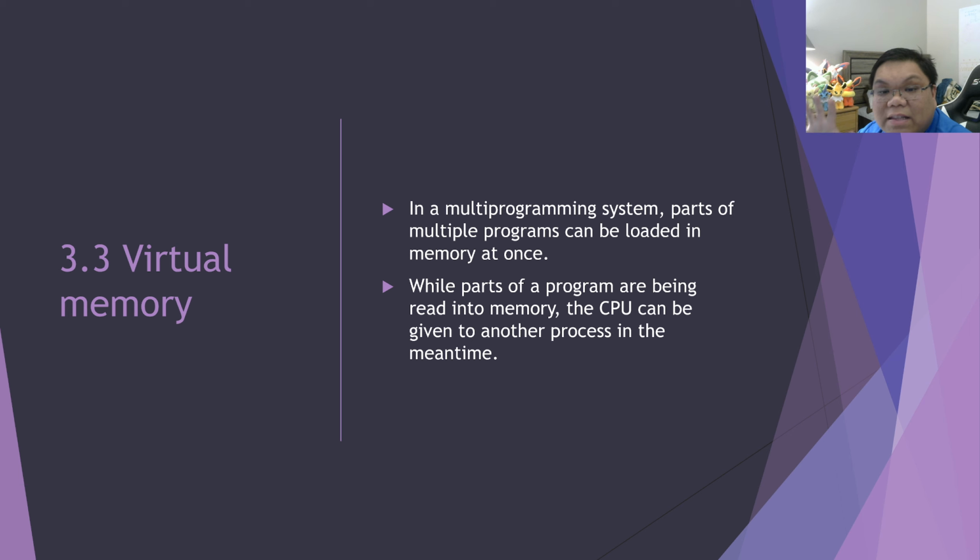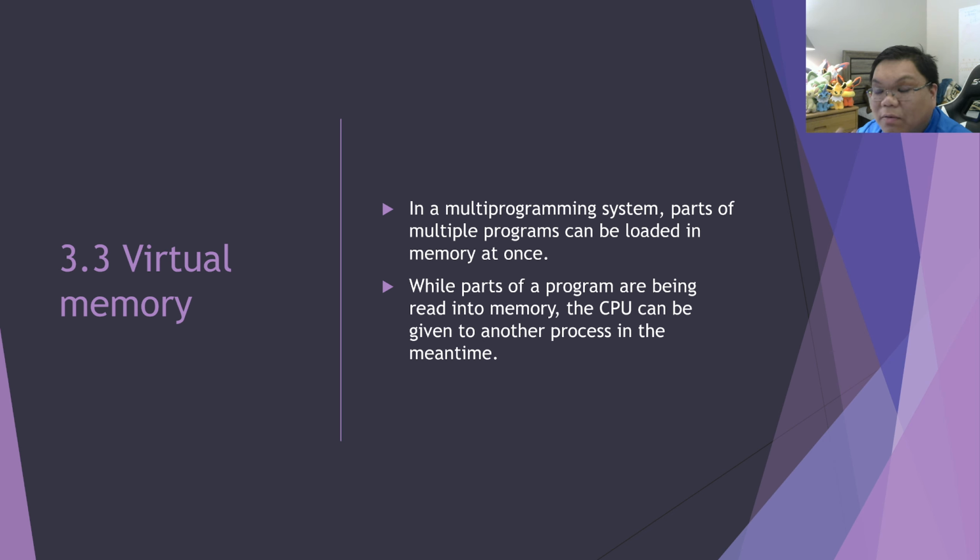In the meantime, instead of waiting for this process to load, we take it out from the CPU and run another process in its place. That process waits while another process gets to run. The idea is, if we have idle processes, we let some other process run in the meantime.